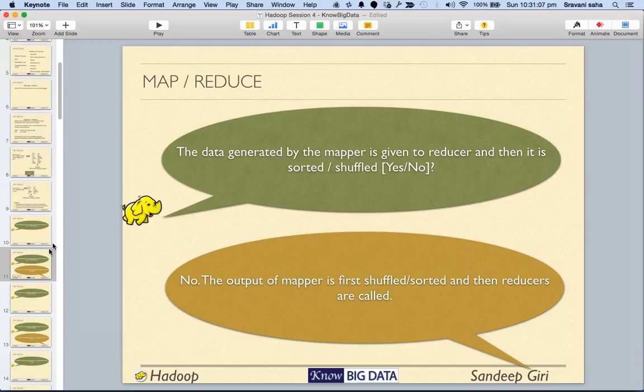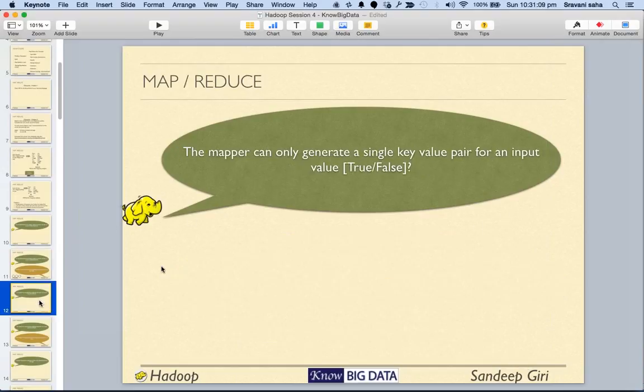All right, so all of you are agreeing with me. Now, the mapper can only generate a single key value pair for an input value. True or false?